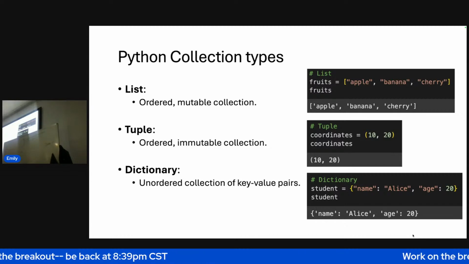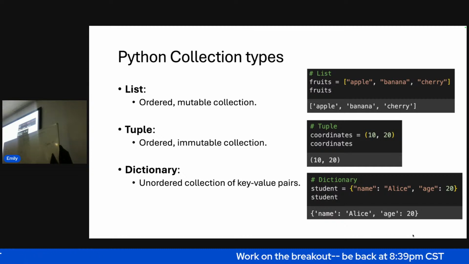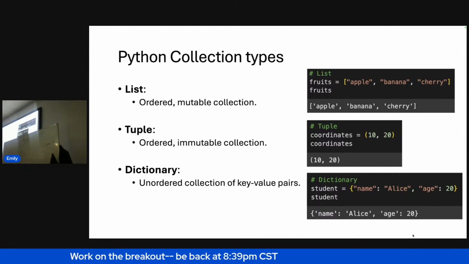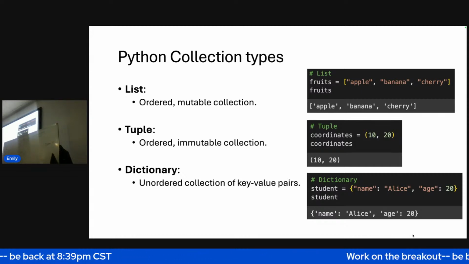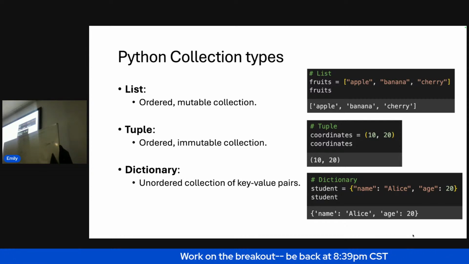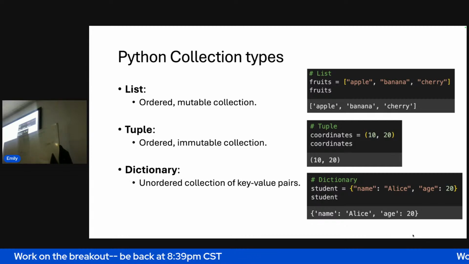If we want to create sophisticated programs, we have to start grouping things together. And that's where these data structures come into play. So a list is just an ordered mutable collection. We'll talk about what all that means when we get into the depth of these slides. So we can say fruits equals open square brackets, apple, banana, cherry. And then we print fruits, and we have apple, banana, cherry.